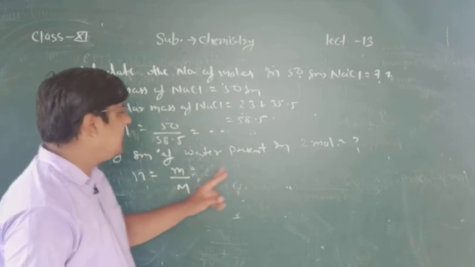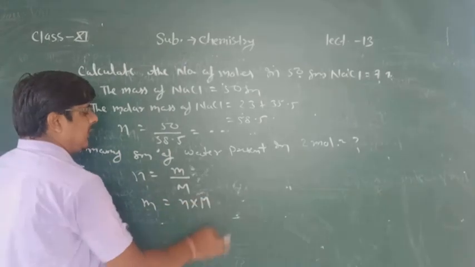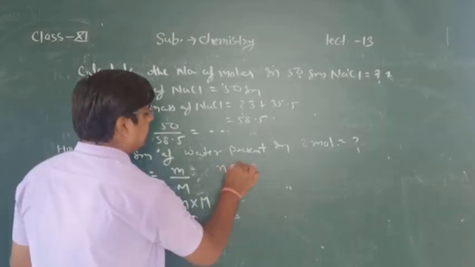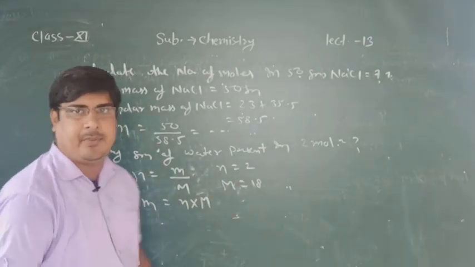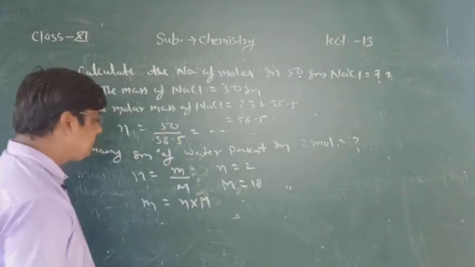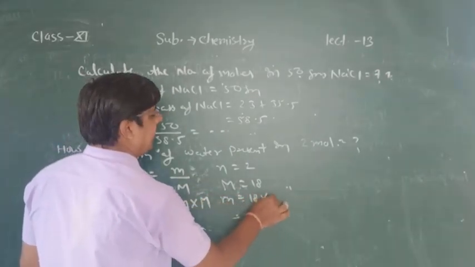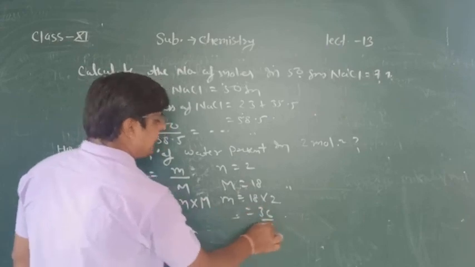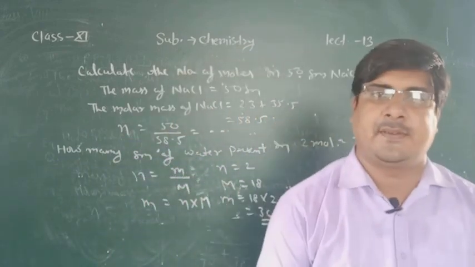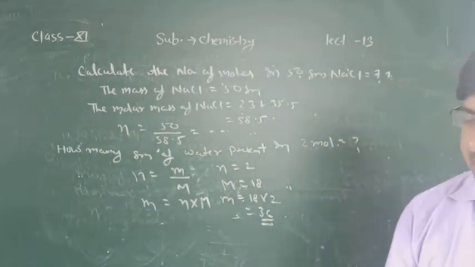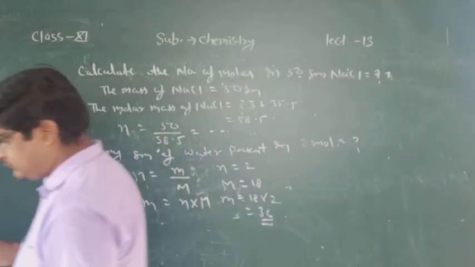Here we will have to calculate the mass. Then mass will be moles into molar mass. Here moles is 2, and molar mass of water, you know very well, is 18, that I have already told you in the previous question. Okay, then mass will be 18 into 2, and your answer will be 36. This is about the moles. Okay, so it's a very important topic, moles.